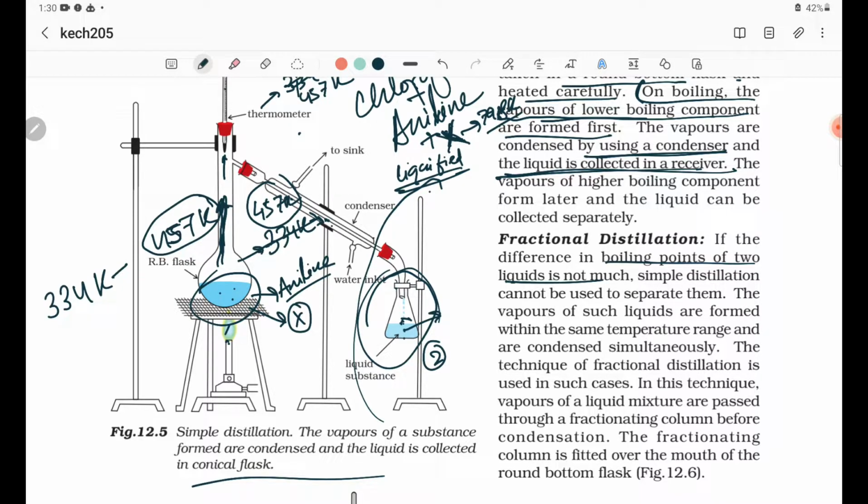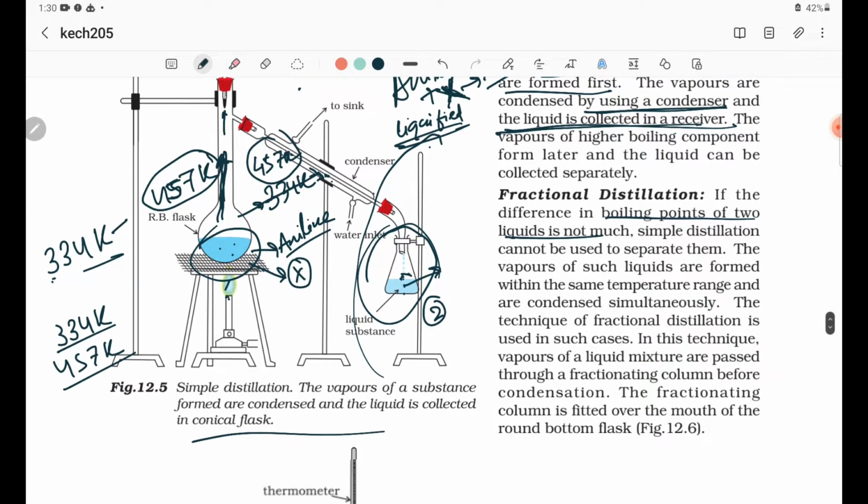Here there was a huge difference, one is 334 K, one is 457 K. When the difference in boiling point is not much, simple distillation cannot be used to separate them, which is obvious. The vapors of such liquids are formed within the same temperature range and condense simultaneously.